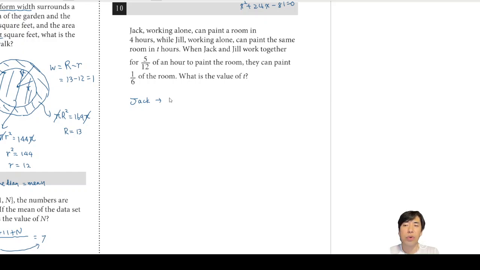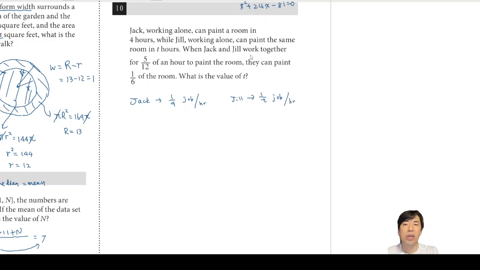So what that means is that he can do 1/4 of a task or job. Let me call this thing a job per hour. And Jill can finish the same job in T hours. So her rate of work is 1 over T.